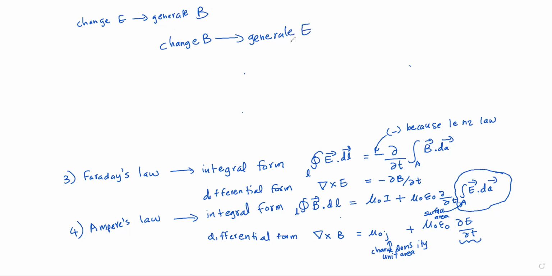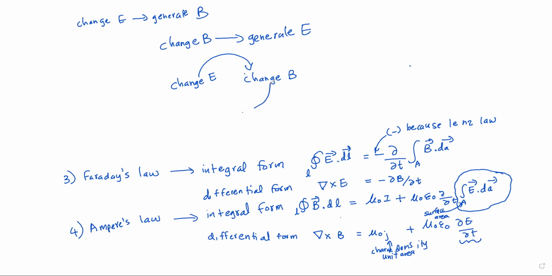Due to this scenario, we can go in a loop. We can cause a change in electric field to create a magnetic field, and that magnetic field changes with time.